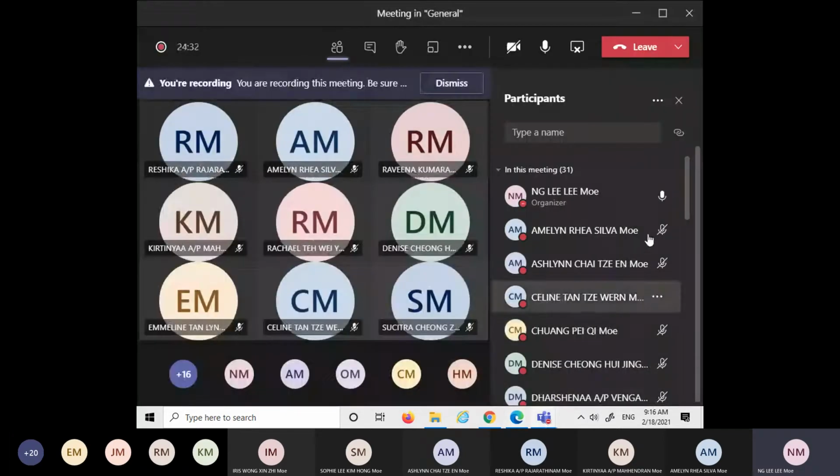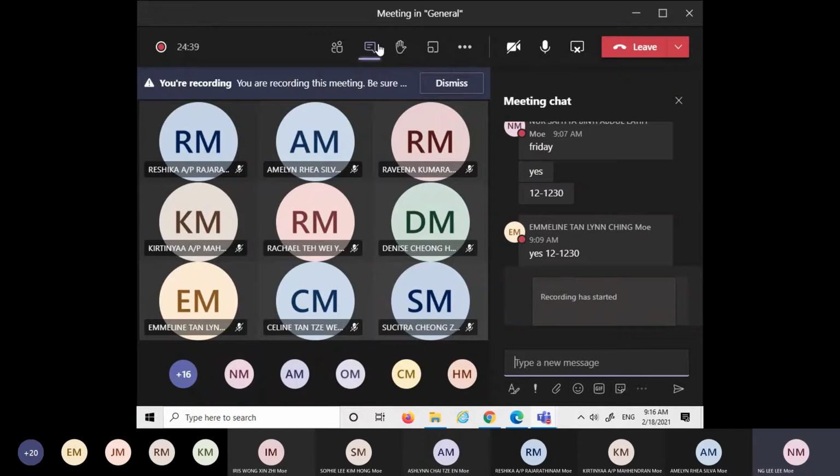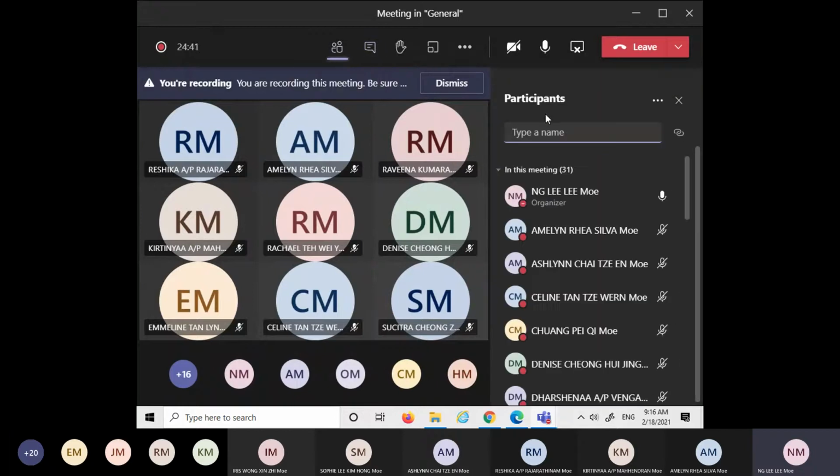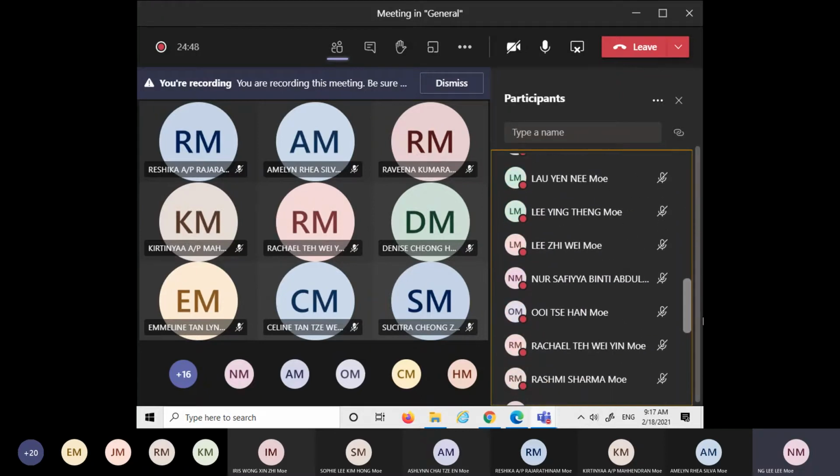See the attendance now. It's still 30. I don't know who is not here. Let me see. Izati is not here. Previous lesson also she was absent. Maybe monitor Shafia, do you know what happened to her? No, I don't know.